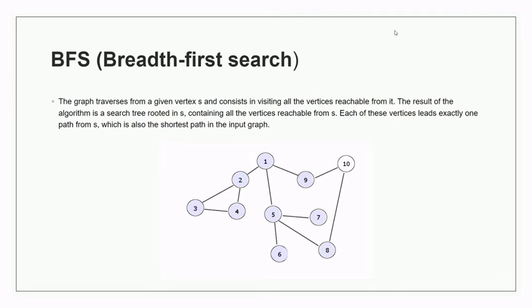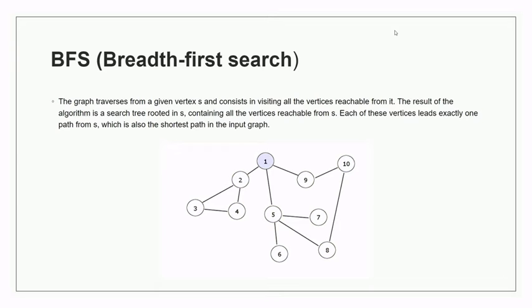Now we take the next item in the queue, vertex number 2. We add all unvisited connections of this vertex to the queue, so vertex 3 and vertex number 4. Our queue is 2, 5, 9, 3, and 4.